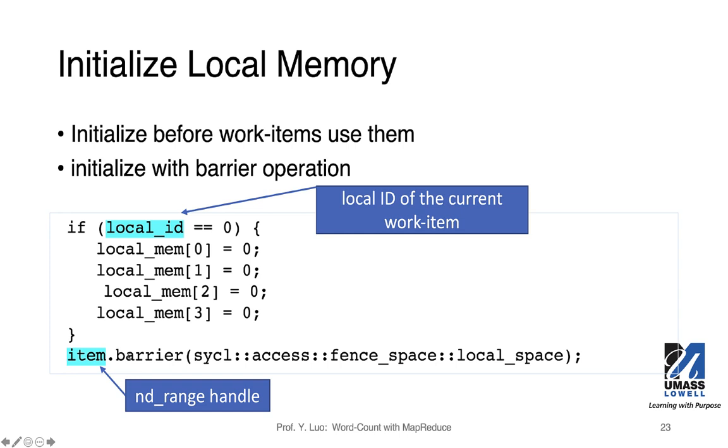Next, we use a barrier function. And this barrier function is very interesting. It will make sure that all the work items wait here until everybody reaches this point. Because when everybody reaches this point, that means the local ID 0 will also reach this point. So these four counters are initialized already by that point.